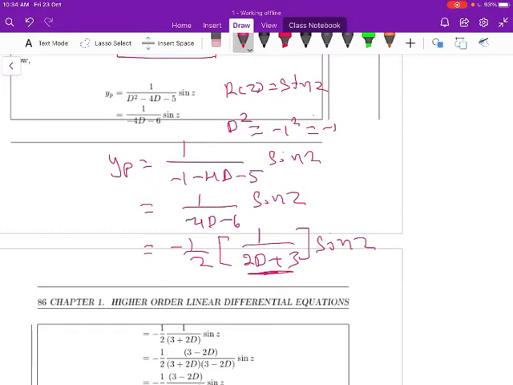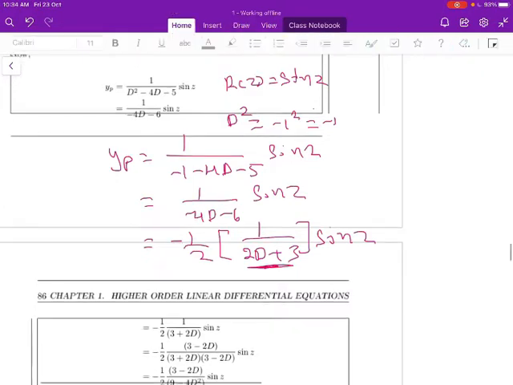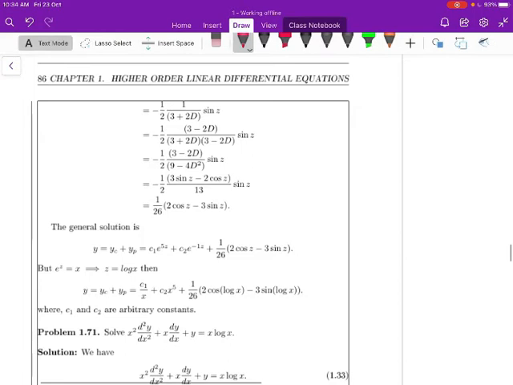So that is 2d minus 3 or 3 minus 2d also we can write. So now here I multiplied and divided by 3 minus 2d, that is conjugate of 3 plus 2d. So this implies minus half into 3 minus 2d in the denominator using a plus b into a minus b, that is a square minus b square, 9 minus 4d square.